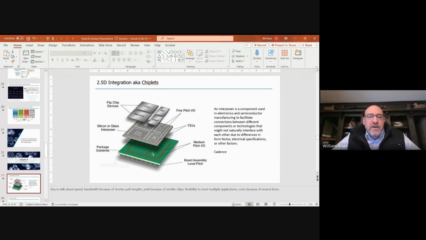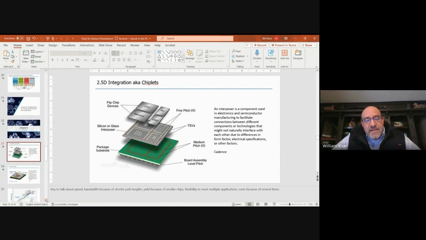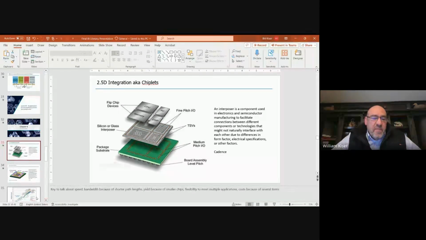And then you put it down on your packaging substrate. So this is called chiplets, right? You have bits and pieces of different types of functionality that you can put together. And if you're doing something really complex and you don't have the money to build your custom processors, well, now you start to pick and choose pieces and you can start to put them together like Lego blocks to customize your application. Obviously, it's not as simple as Lego blocks, but the opportunity is there to now customize your application.